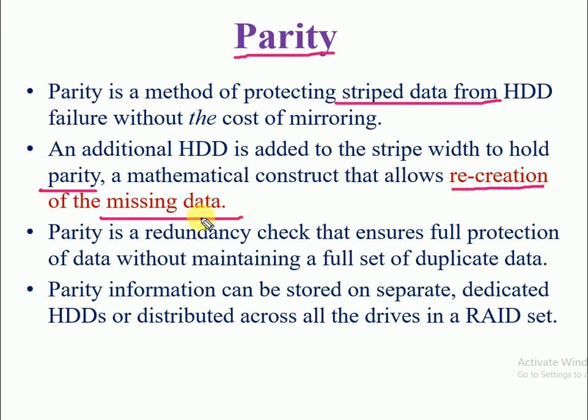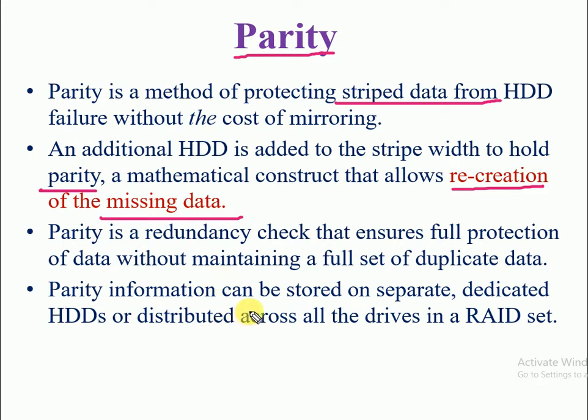So parity is a redundancy check that ensures full protection of data without maintaining a full set of duplicates. So parity is a solution without having mirroring. Without using the mirroring concept, we can retrieve the data that is being lost.